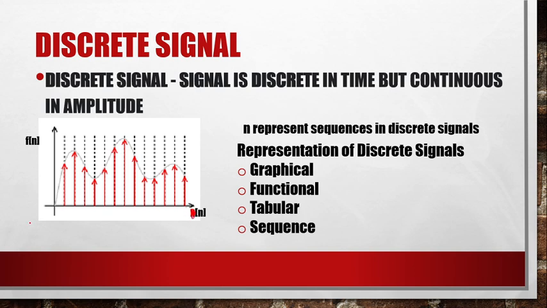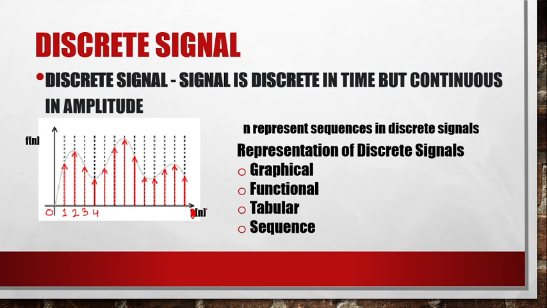We can represent them in the form of sequences: the zeroth sample, then the first sample, the second sample, the third sample, the fourth sample. So now it is not time, it is n.